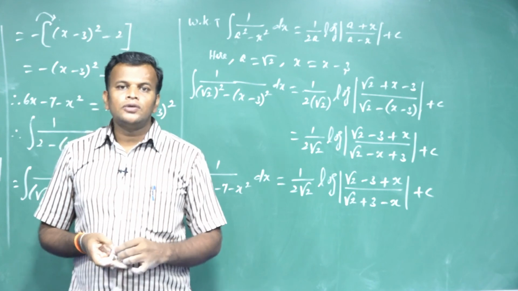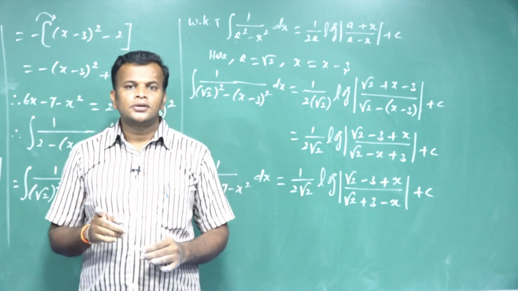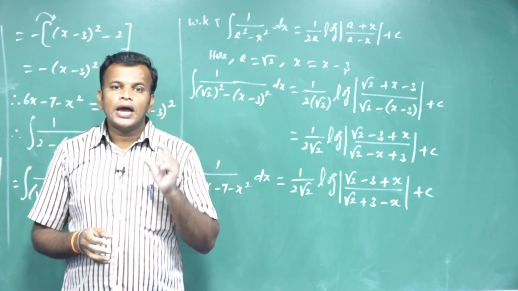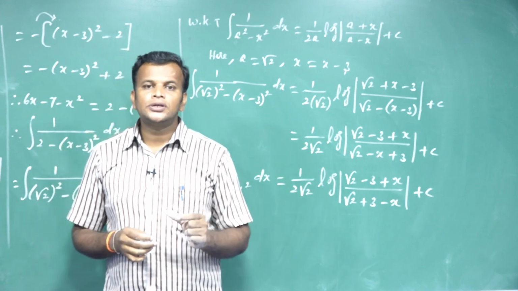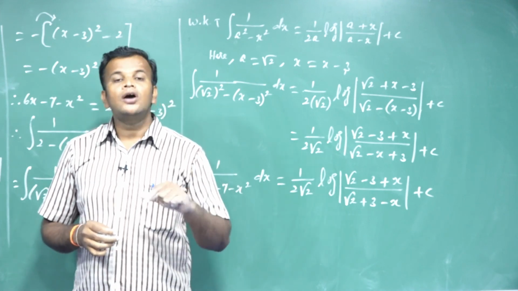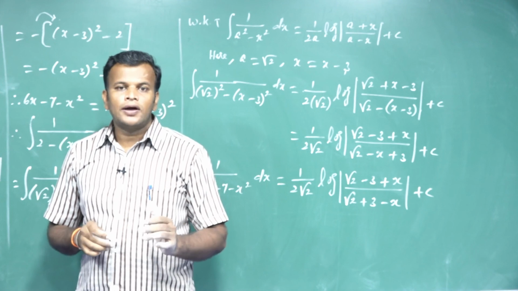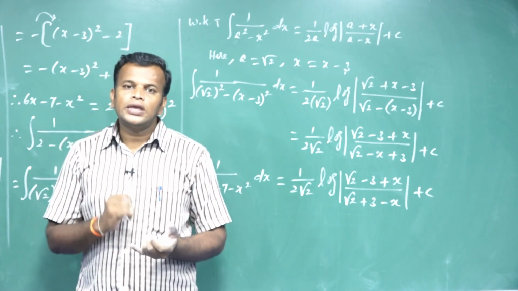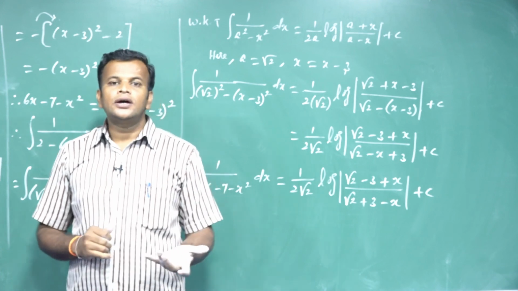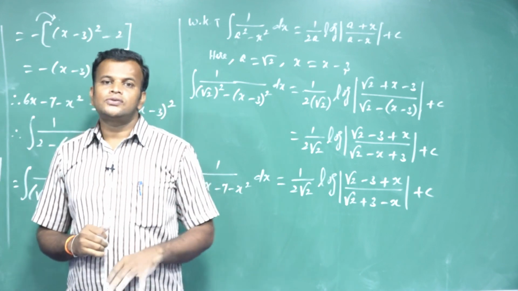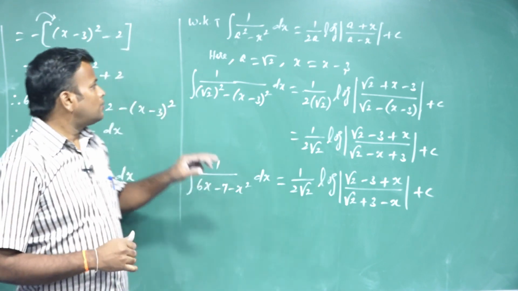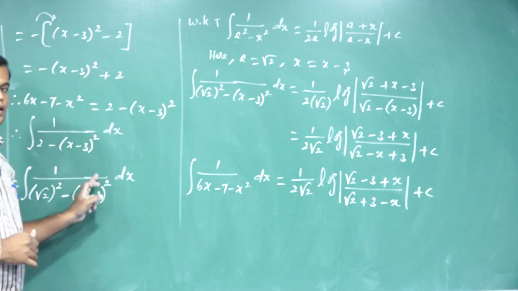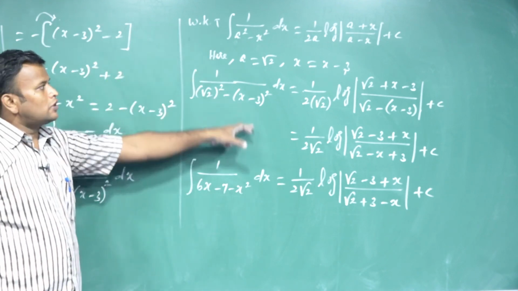To make the coefficient of x square 1. And the second step is we add and subtract the coefficient of x divided by 2 the whole square. Because when we do this, it takes the formula shape of either a minus b the whole square or a plus b the whole square. After that, one formula shape will be there, then using this formula we solve the problem.